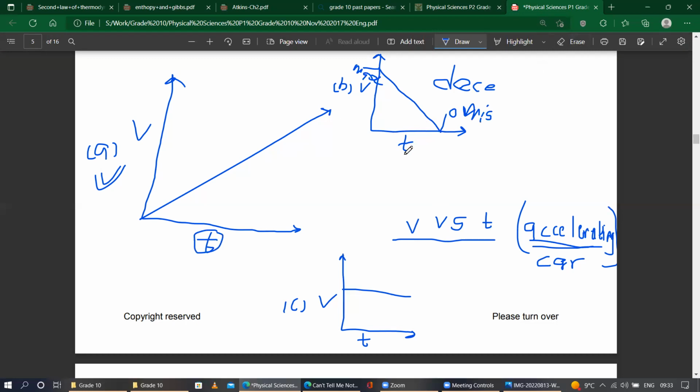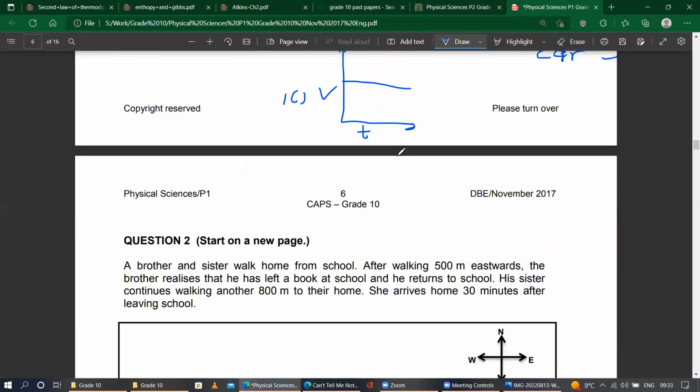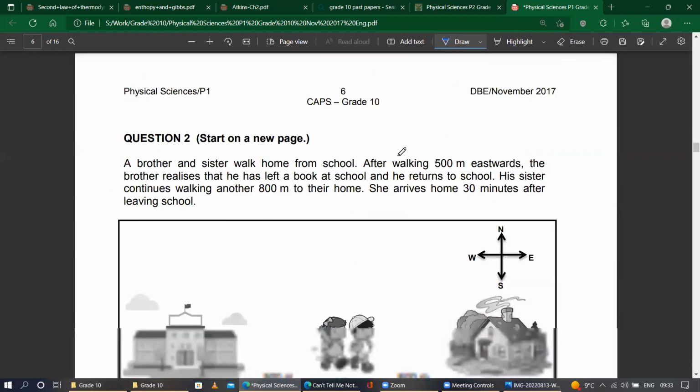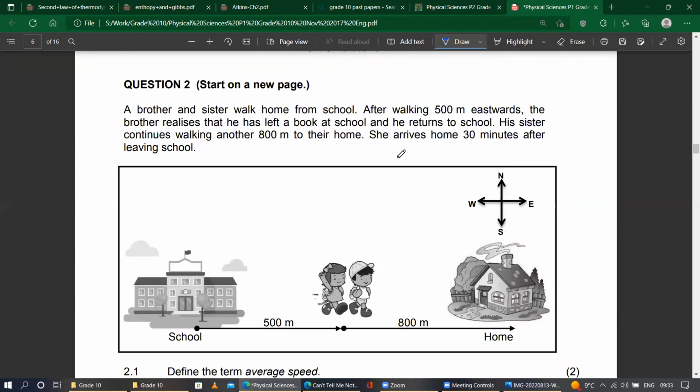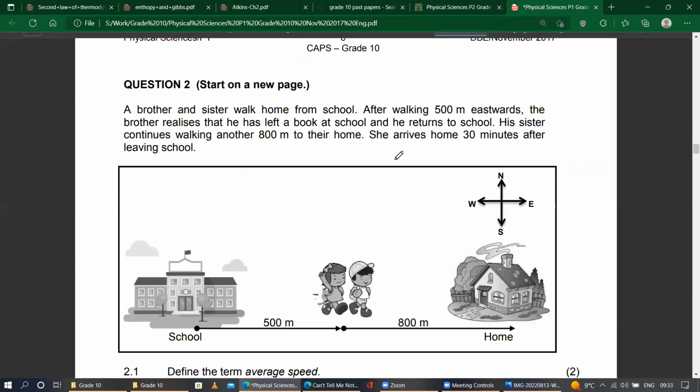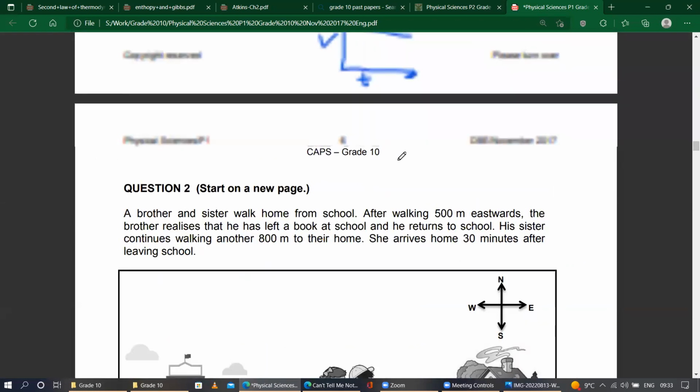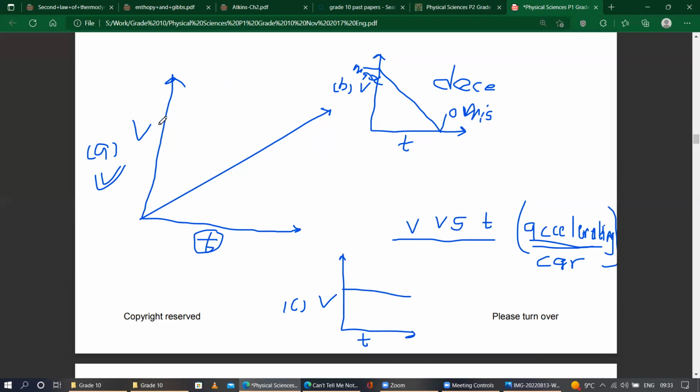Yeah. But I think I'm more worried about calculations and stuff, like measuring. The thing is, when they give you a velocity versus time graph, you're going to find the gradient of the graph.